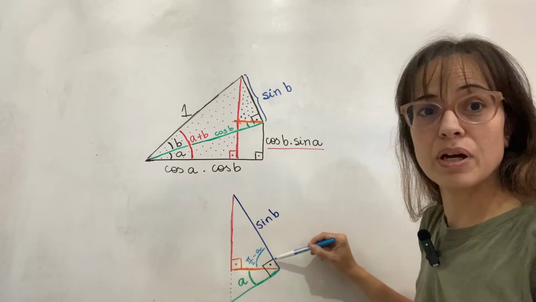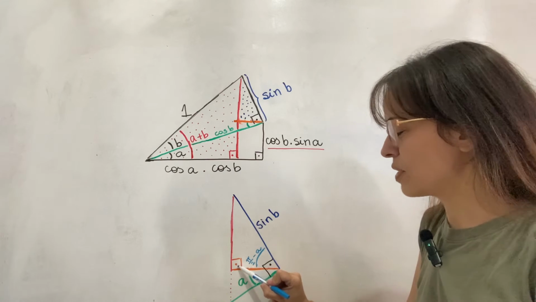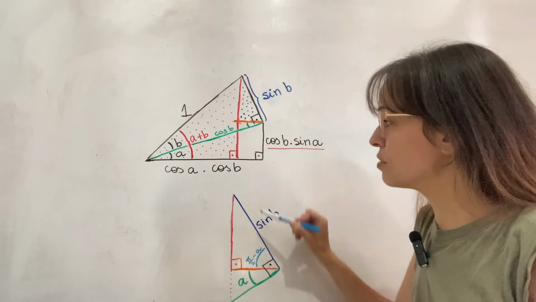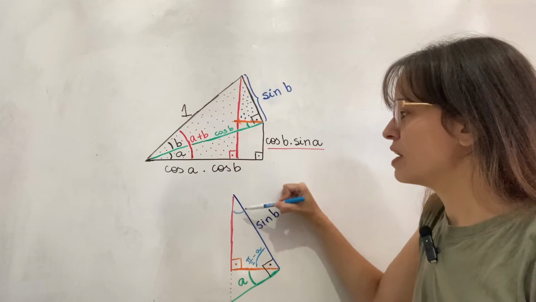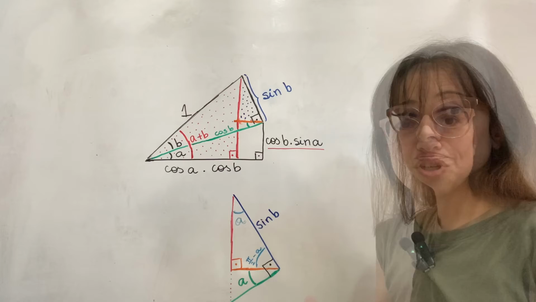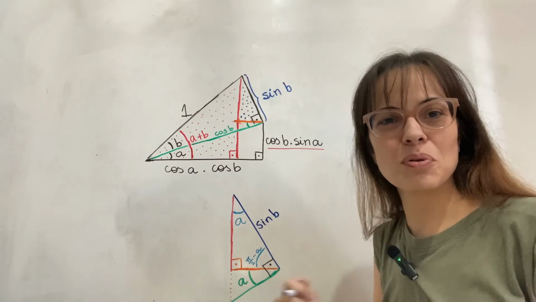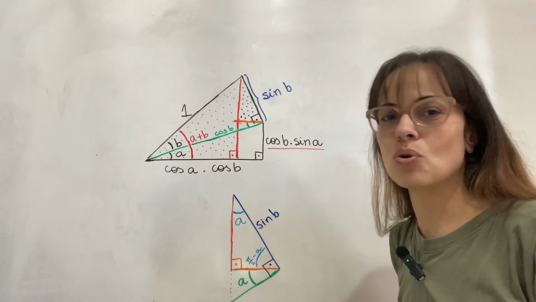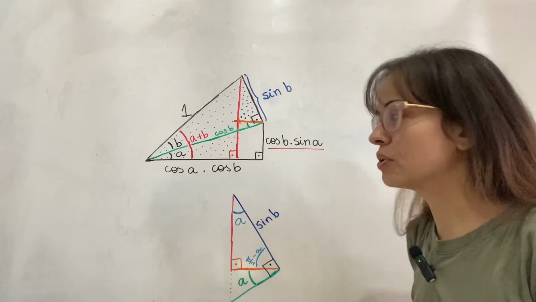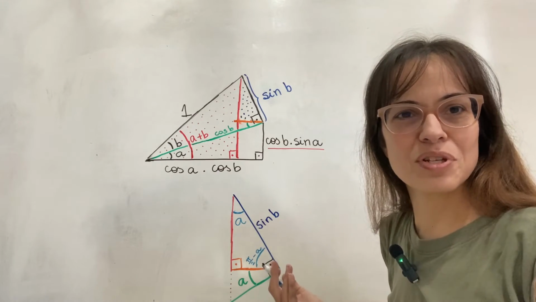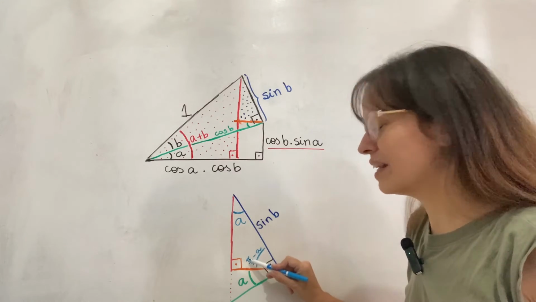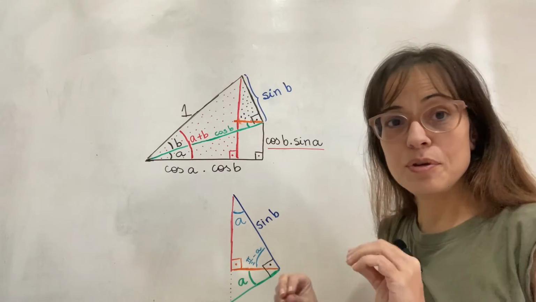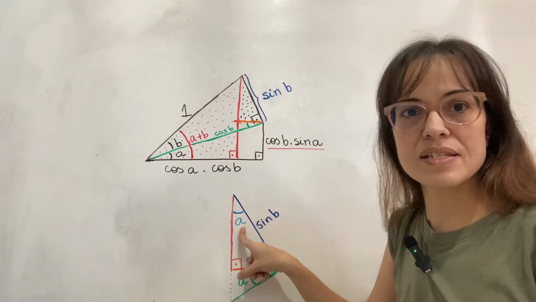But now if you look at my triangle, it has a right angle and an angle of pi over 2 minus A, which means that the third angle here in the top, that's A as well, just using the fact that the sum of all three angles in the triangle has to add up to 180 degrees or pi radians as we are looking at it. In fact, I don't really know why I'm doing this in radians. I might as well have written 90 degrees minus A here. It would have been the same thing. Anyway, the important conclusion is that this is A.